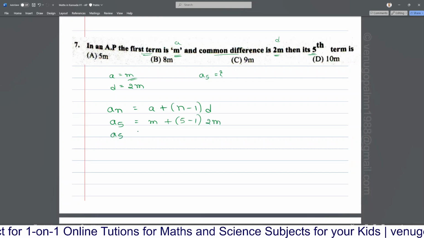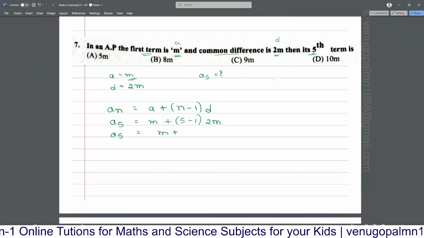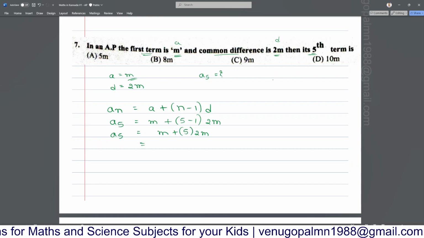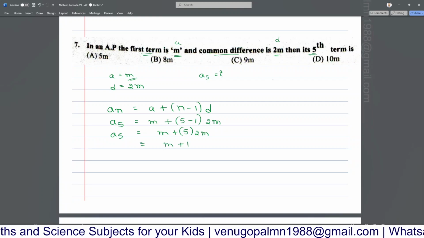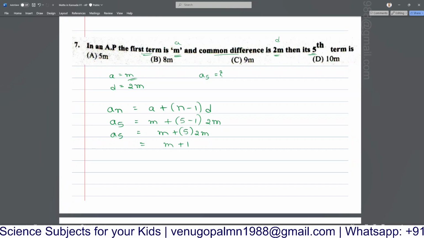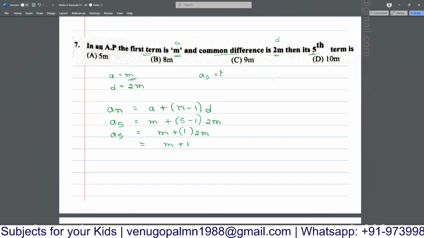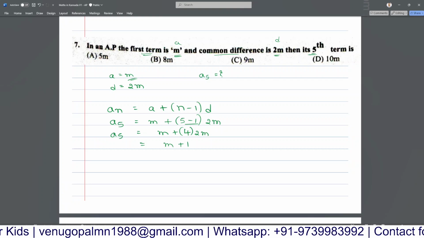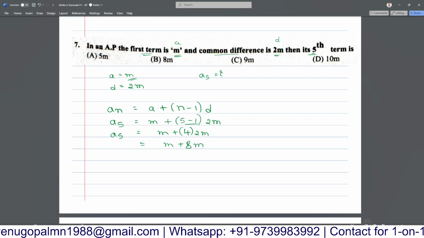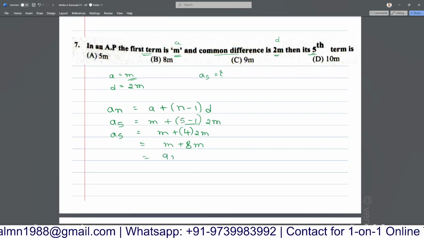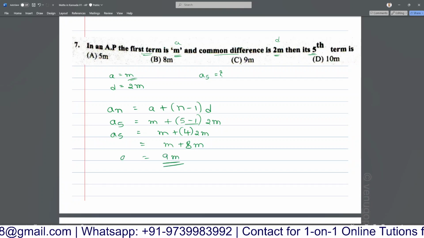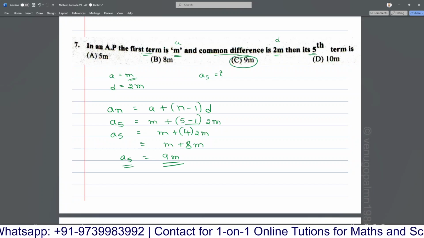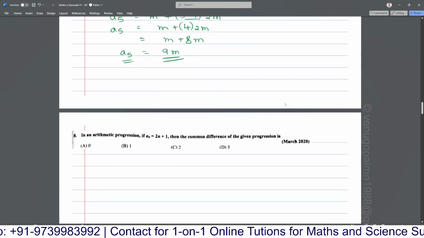So a of 5 is equal to m plus 4 into 2m. 5 minus 1 is equal to 4, correct? So m plus 8m, total the right answer would be 9m, it would be the a of 5, which is the fifth term. So option C is the right answer even for this particular sum.